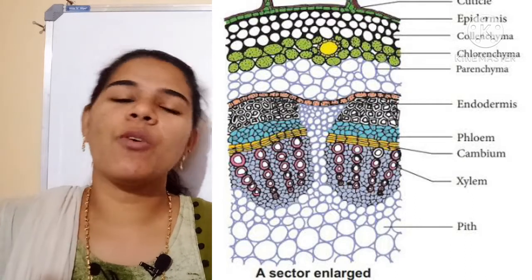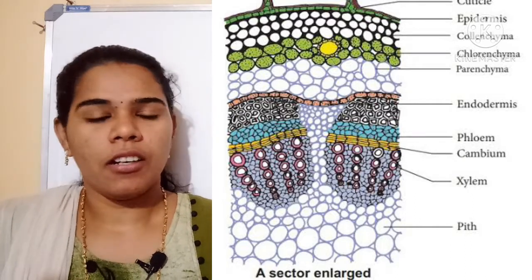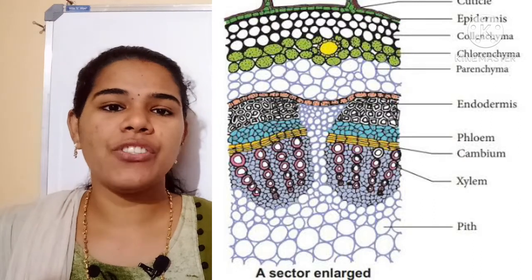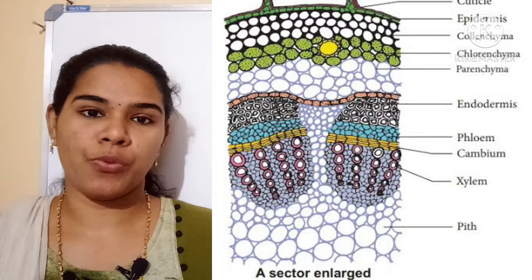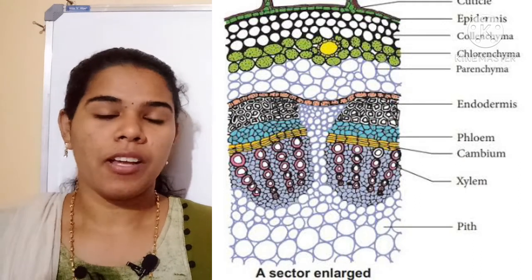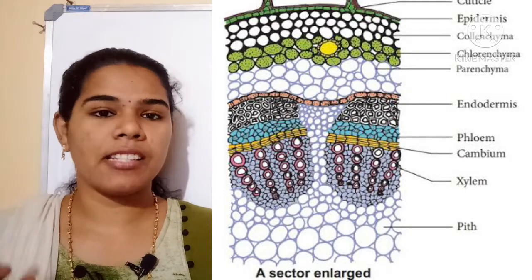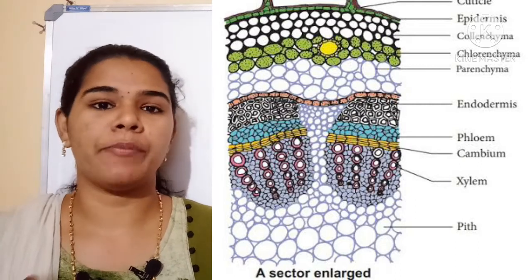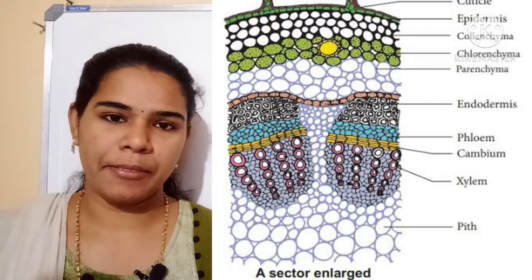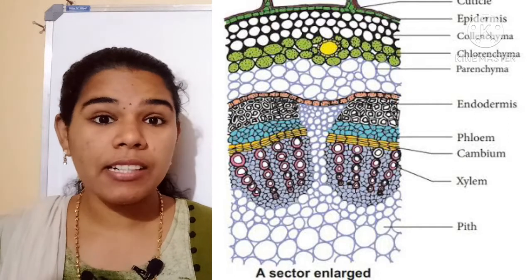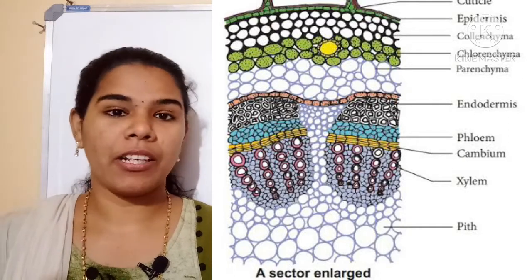The next one is the cortex region, which is filled with parenchymatous tissue. In some cases you can see the pericycle and endodermis. So many different types of cells are there when we observe the stem under a microscope.